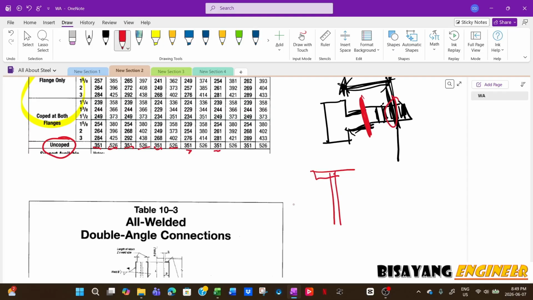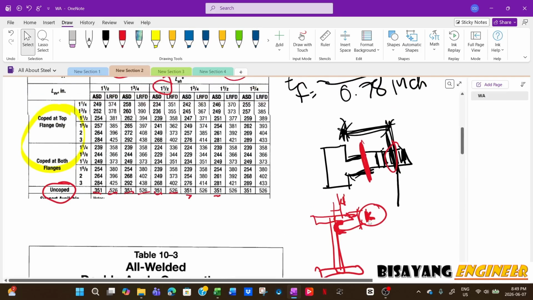So if this is your beam section, remember this one is not really at an angle like 90 degrees. There's a curve here, and then you have to clear this curve, and this is the key value. So you have to check what this is, and that will be your minimum clearance from the top flange.